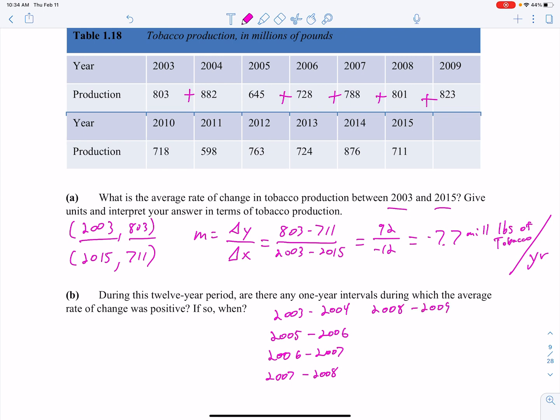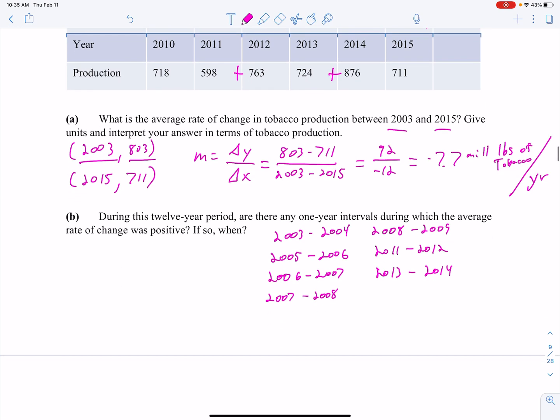Let's see, that one went down from '09 to '10. '10 to '11 went down as well. '11 to '12, that went up. '12 to '13 went down. '13 to '14 went up. And '14 to '15 went down. So there we go. Those are the 1-year intervals in which the average rate of change was positive.